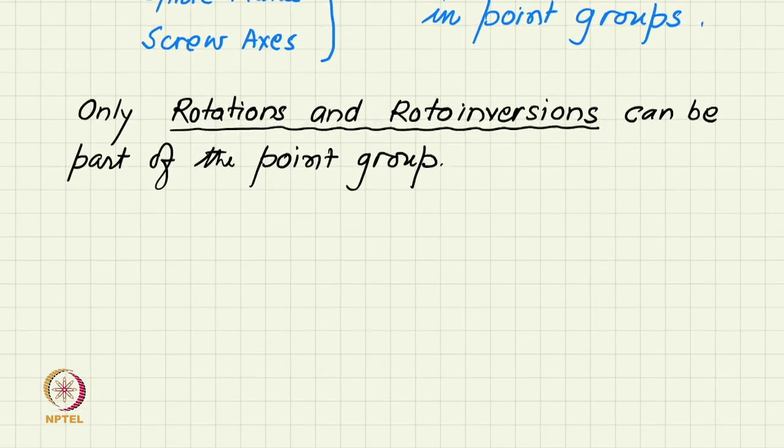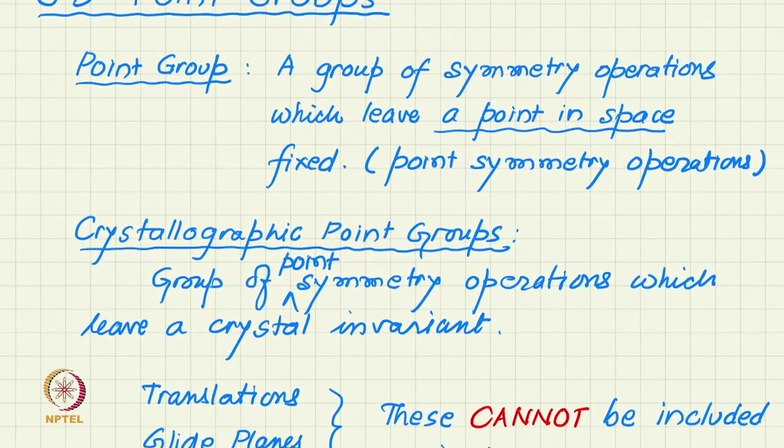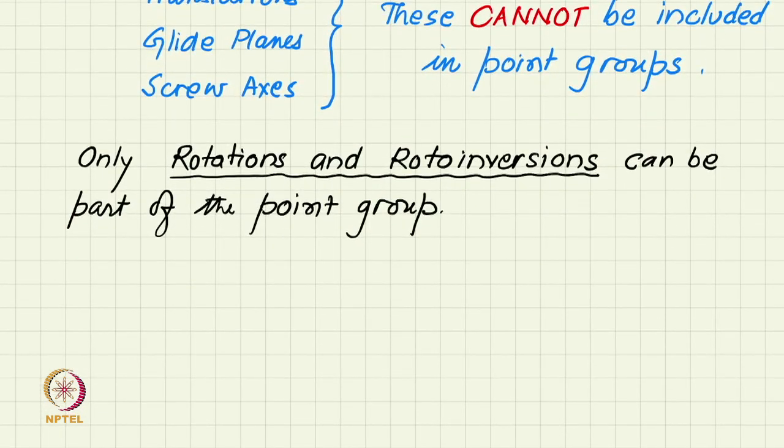We have also seen that a normal point group can have rotations of any order, any fold, but crystallographic point groups have the crystallographic restriction theorem because they have to leave the crystal invariant, and that can happen only for certain rotation and roto inversion axes.